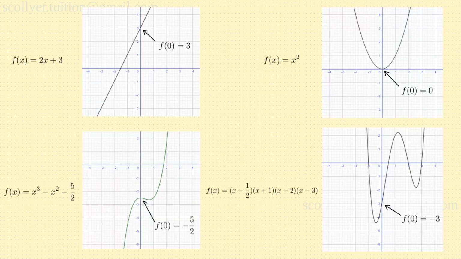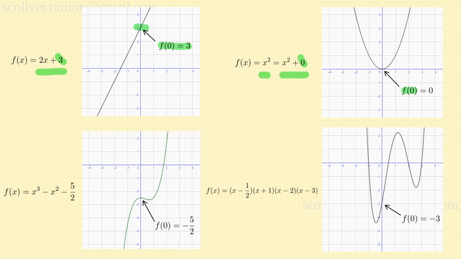And here we have some examples. We have a linear polynomial with constant term 3, and we see that f of 0 equals 3, which is the y-intercept. We have a quadratic polynomial x squared, which we can write as x squared plus 0 with constant term 0.